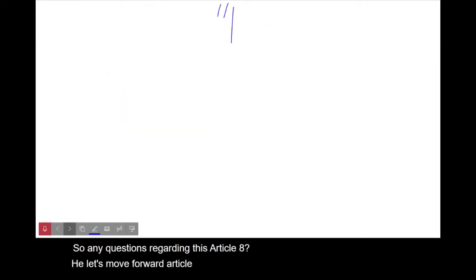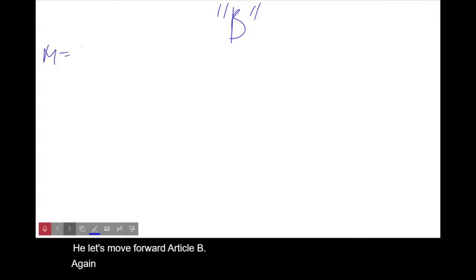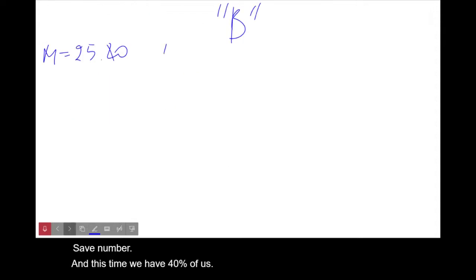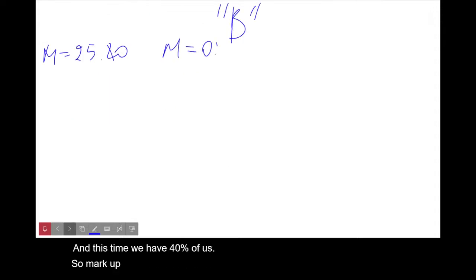Okay, let's move forward. Article B. Again, markup is 25.80, the same number. And this time we have 40% of S. So markup is 0.4 times S. So we can find S right away.